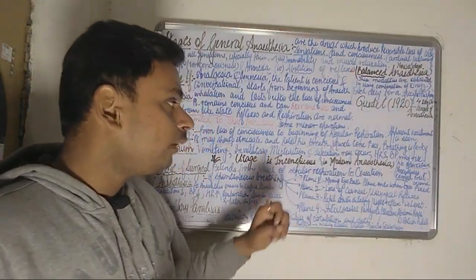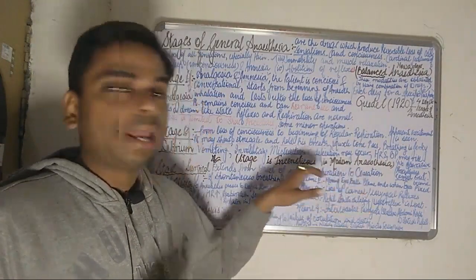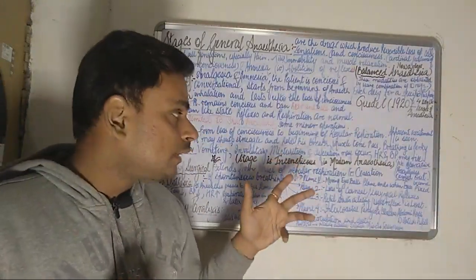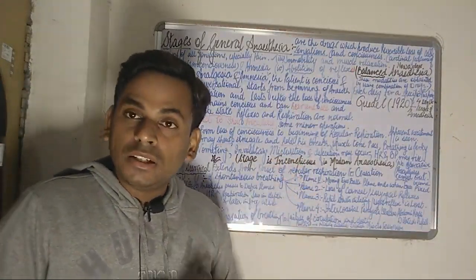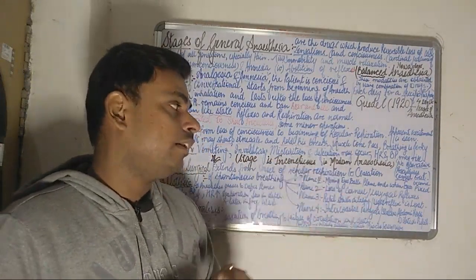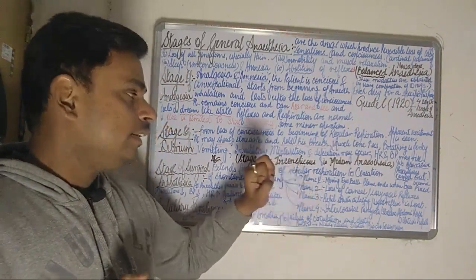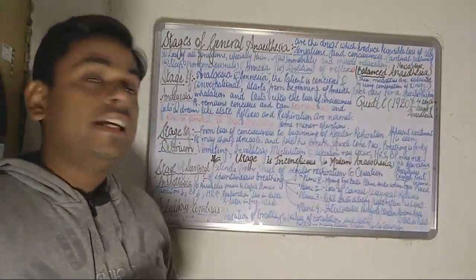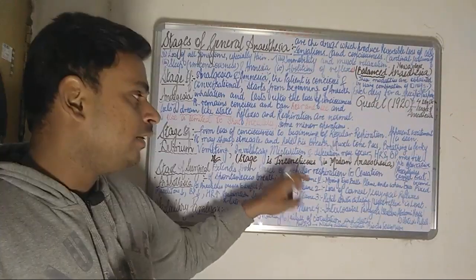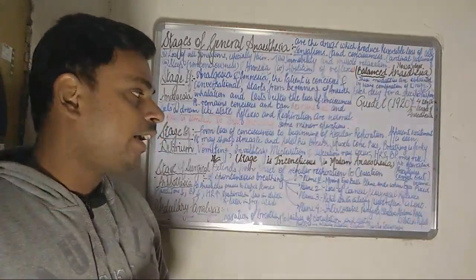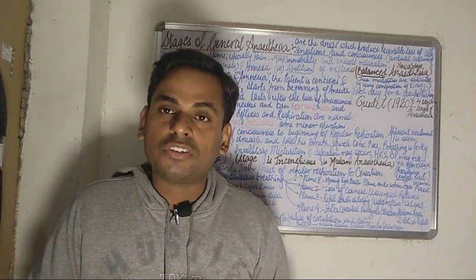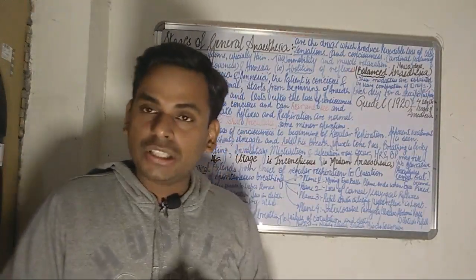In plane 1, the eyeballs are moving, and the first plane ends when the eyes become fixed. In the second plane, there is loss of corneal and laryngeal reflexes.